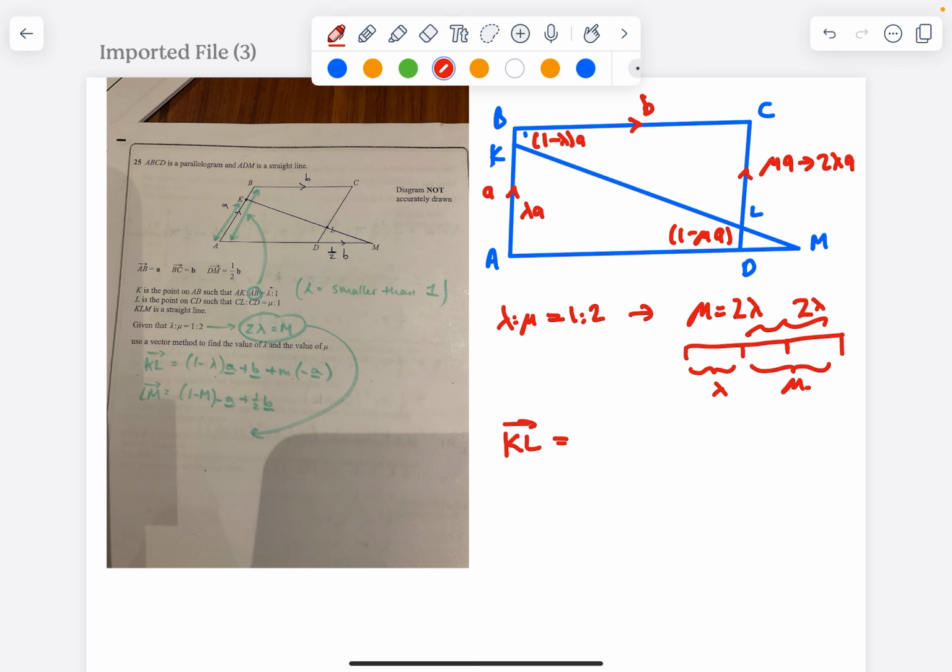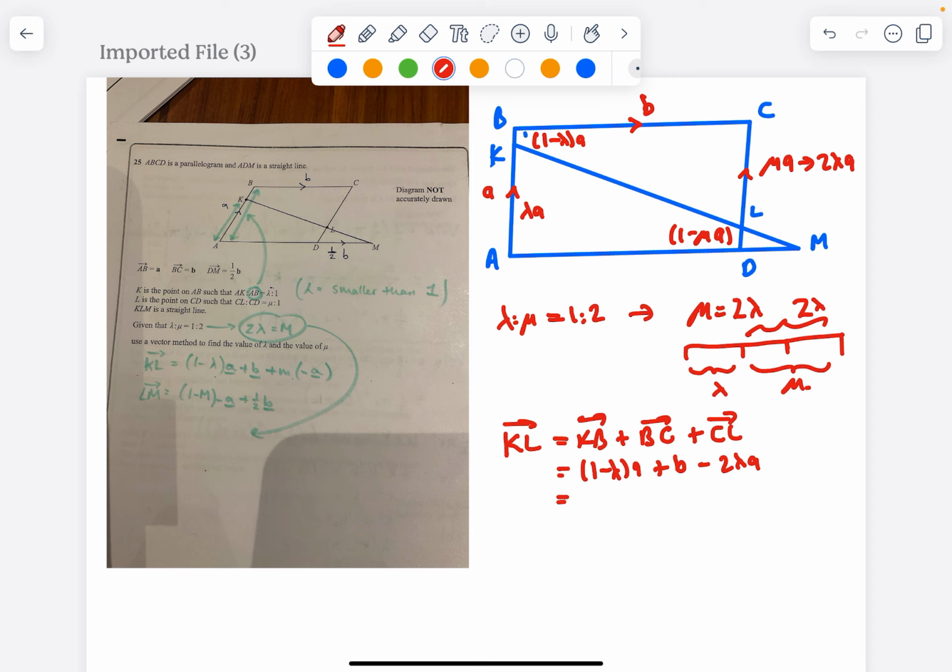So for KL, I'm going to go from K to B, then from B to C, and then from C to L. So K to B is 1 minus lambda times A, plus BC, that's B. And then I'm going to take away, because I'm going in the opposite direction, 2 lambda A. Then I collect my like terms.